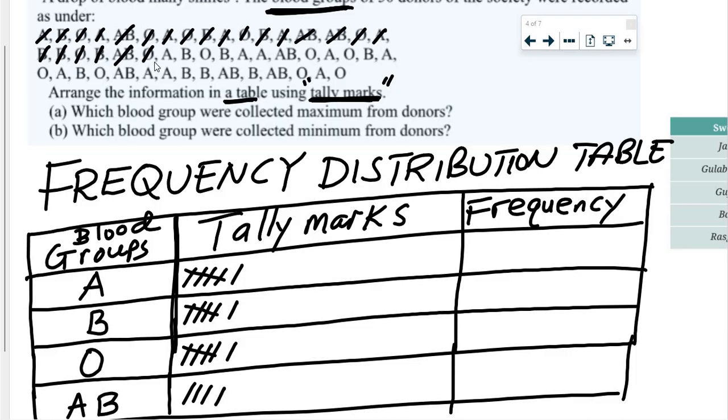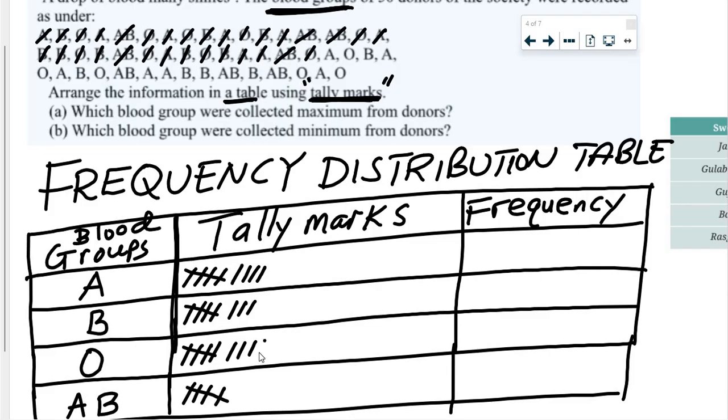You have O, A, A, B, B, O, O, B, B, A, B, AB. 1, 2, 3, 4, make a bundle.